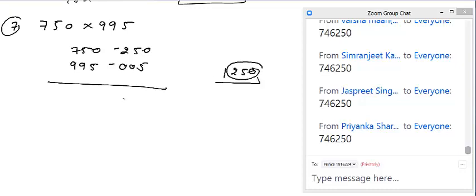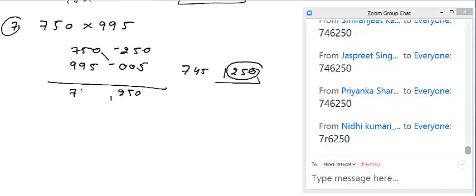So you will take only 3 digits, 250 here. So 1 will be carried forward. So when you add it, you will get 745. When you add 1, you will get 746. So your result will be 746250. So this will be the answer. Very interesting. Correct?